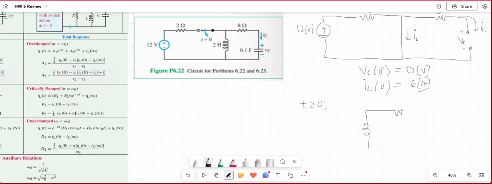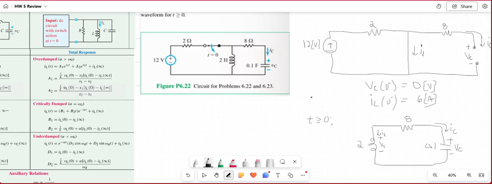So this is gonna be 2, and this is gonna be IL, voltage drop VL, 8, and this is 0.1.